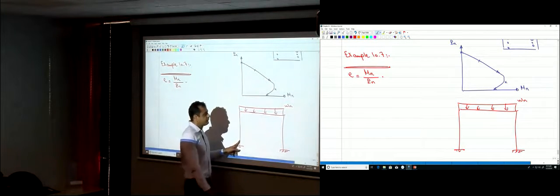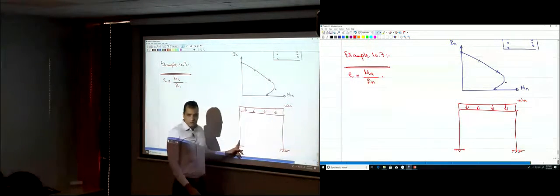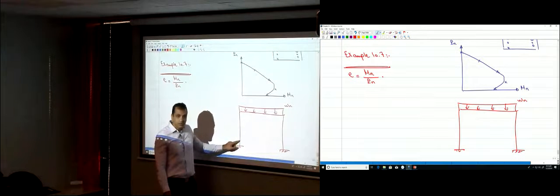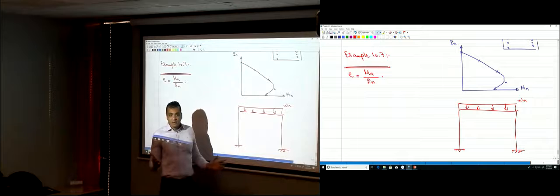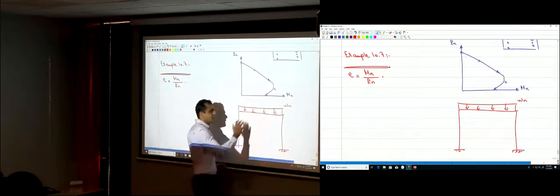If this Wn is doubled, the normal force will get doubled and the bending moment will get doubled. But will the eccentricity get doubled? No, the eccentricity will remain the same, because the eccentricity is Mn divided by Pn.